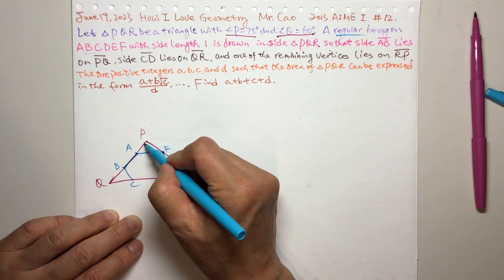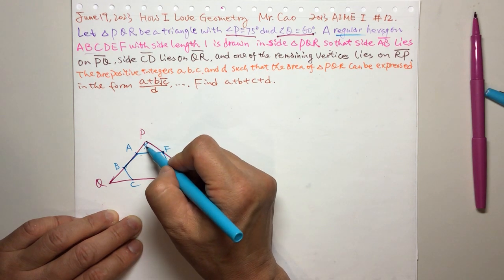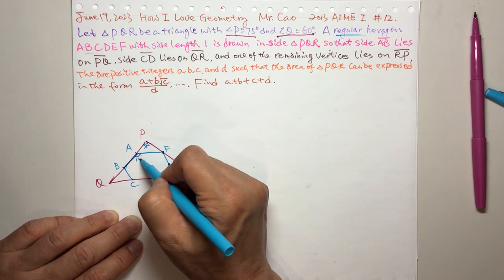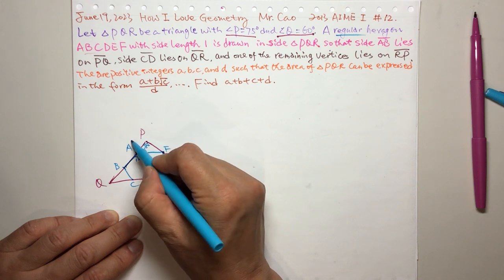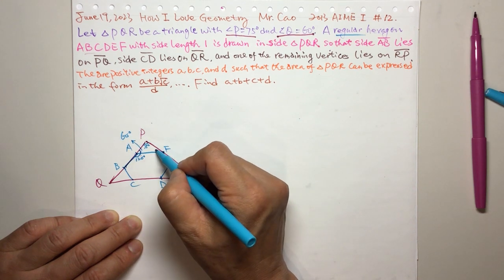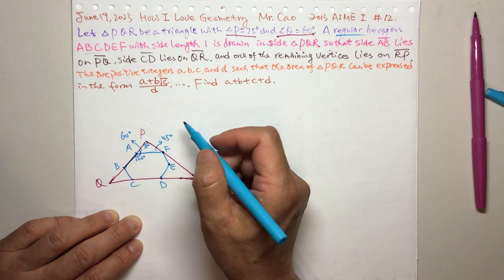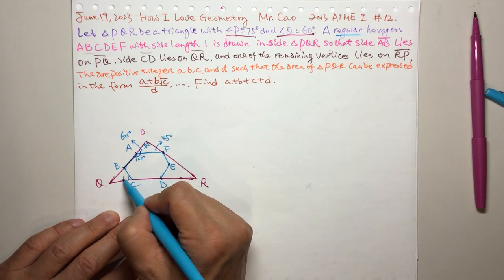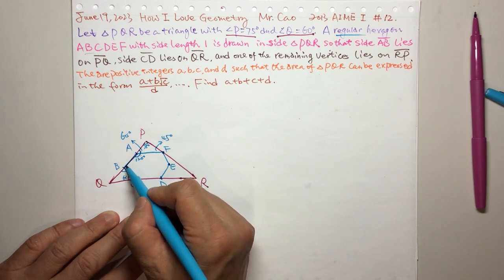And this is 75 degrees. Because the hexagon is regular, this angle must be 120 degrees, so this one is 60 degrees, and this will be 45 degrees, and this 60 degrees.